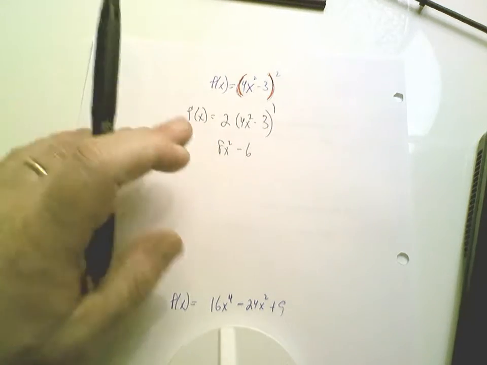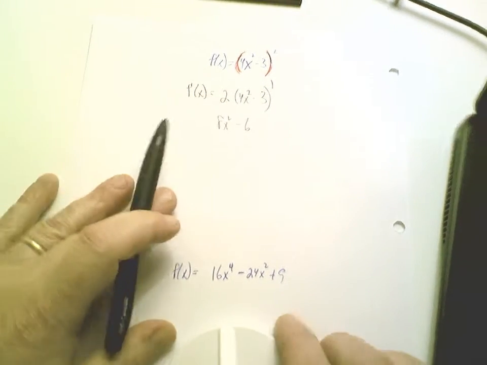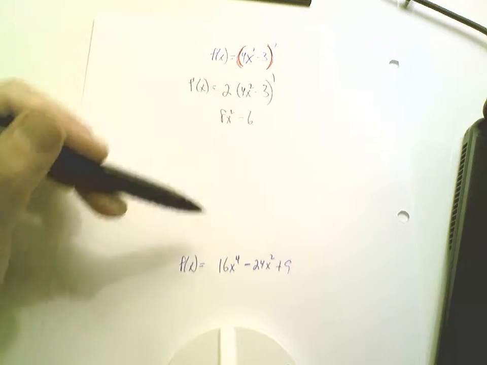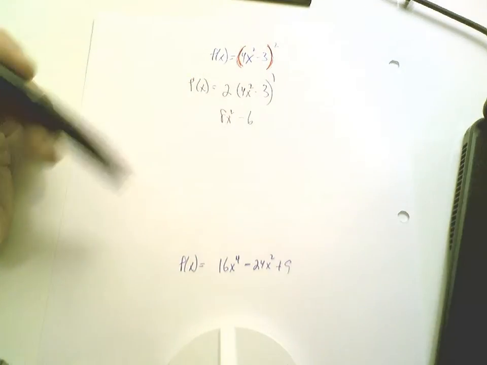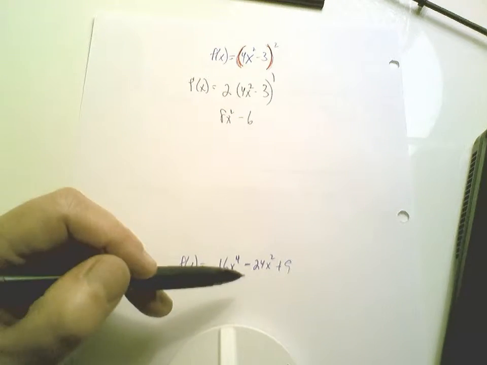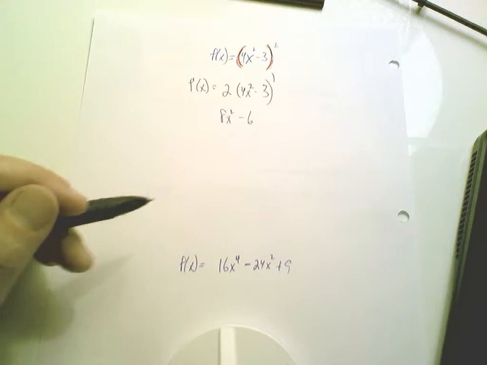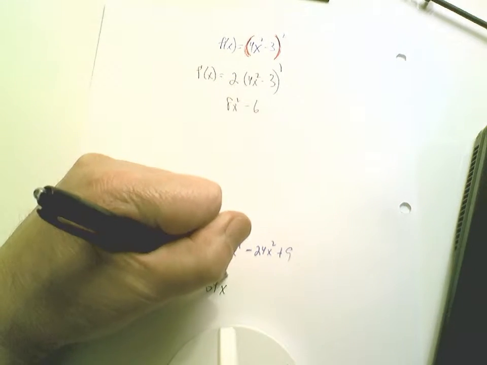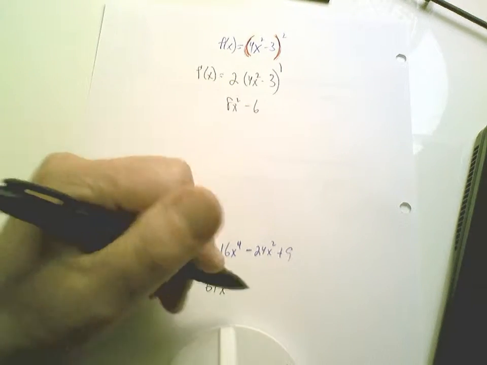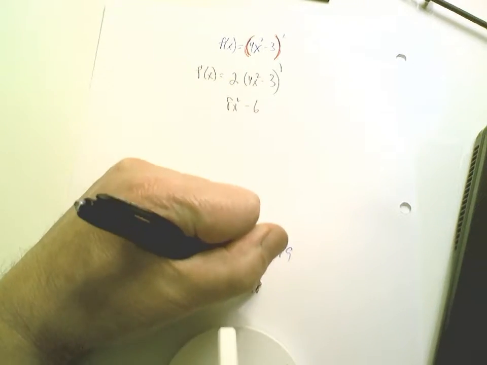Now, if I go and look down here, if I expand what's in the parentheses, as I do as a normal polynomial, 4x squared minus 3 times 4x squared minus 3, I get 16x to the fourth minus 24x squared plus 9. What's the derivative? 64x cubed minus 48x.